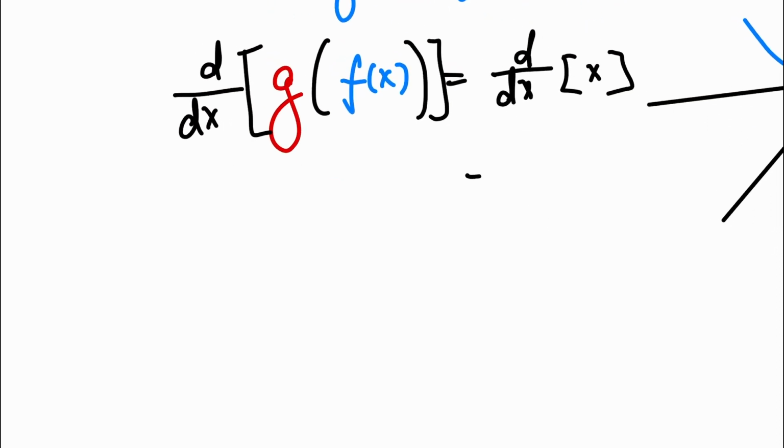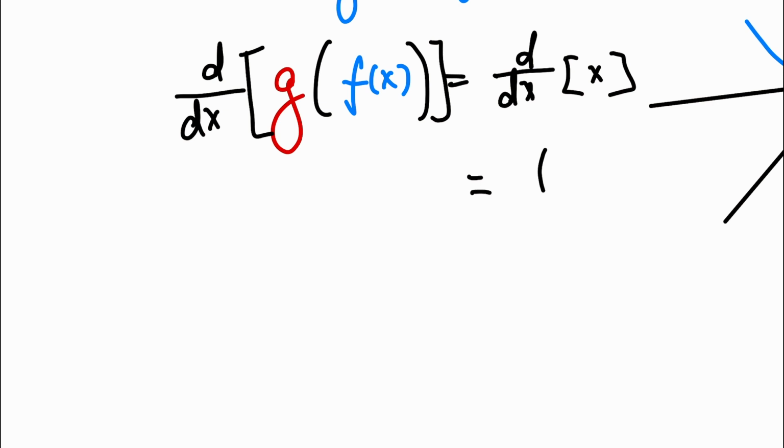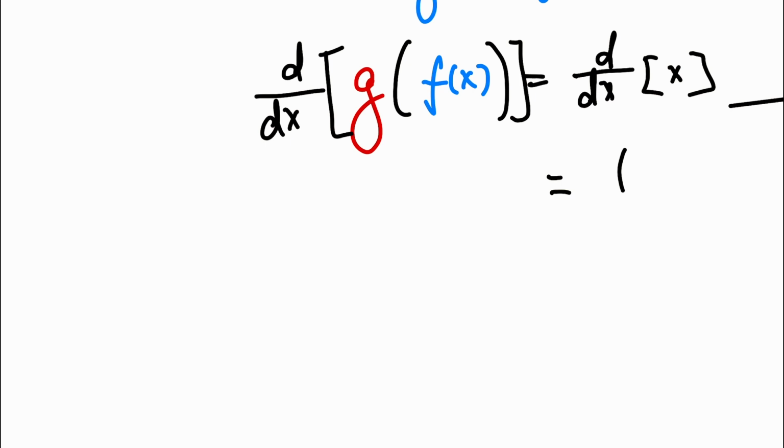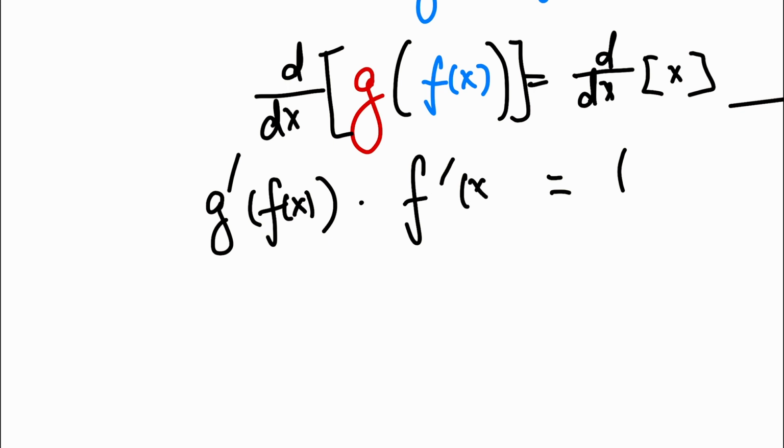Obviously, the right side is going to be simple, that is just equal to 1, and on the left side, we are dealing with the chain rule again, so we need to find the derivative of g with respect to f, and multiply it by the derivative of f of x.